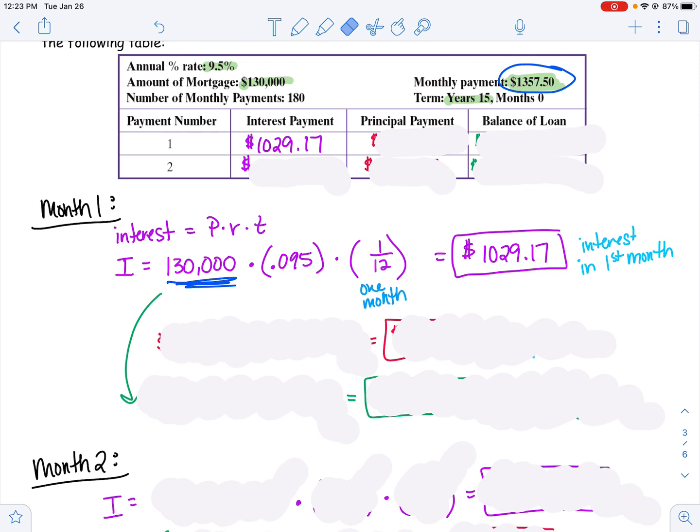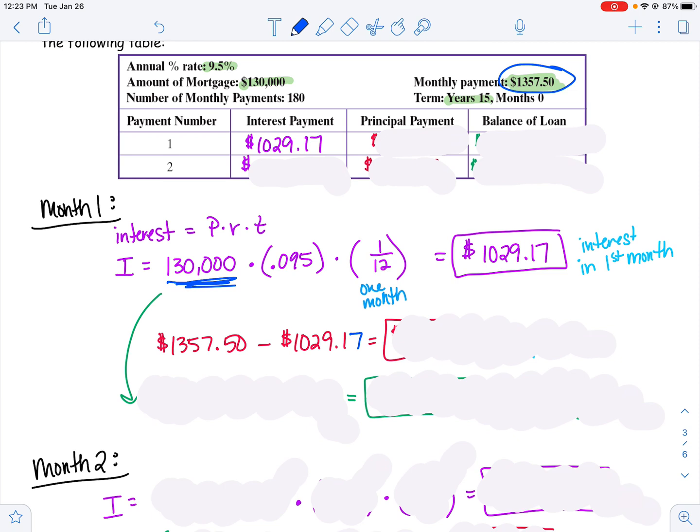If $1,029 is going to the bank in interest, well then how much is going to paying off the actual home? Well, if your monthly payment was the $1,357.50, and $1,029, and that's supposed to be a 17. I don't know where my 7 went.